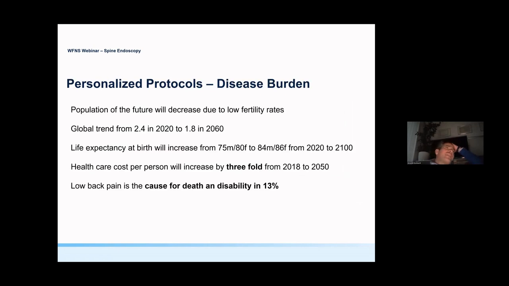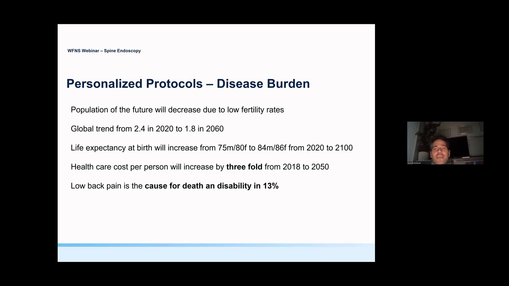If we look at the population in the world overall, we see that up to 2040, 2050, probably the world will grow, but then, because of lower fertility rates, the population will shrink. But up to that point, the patients that are born will become older and older due to the life expectancy, which, if you're born now in the world, is 75 for male and 80 for female.